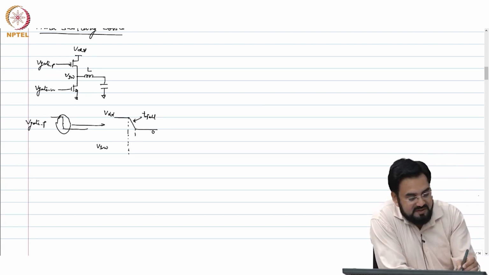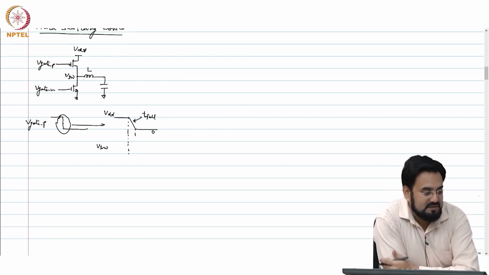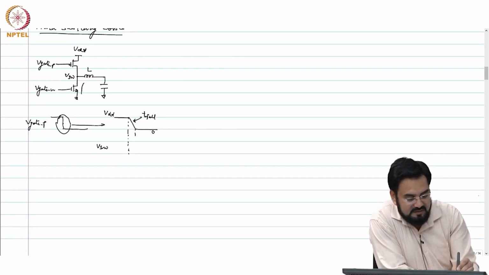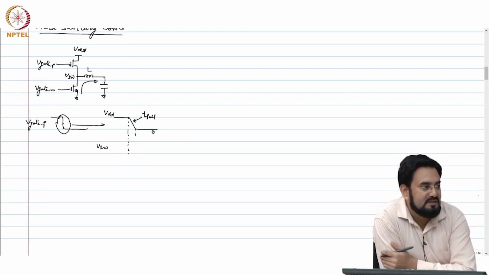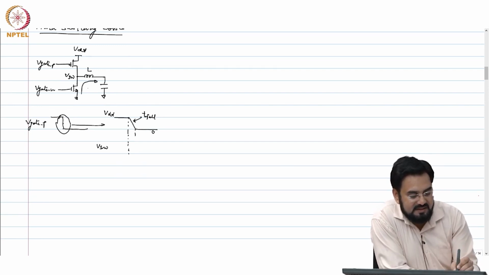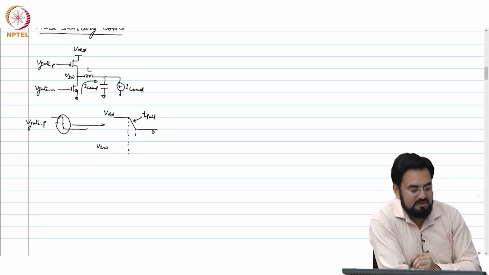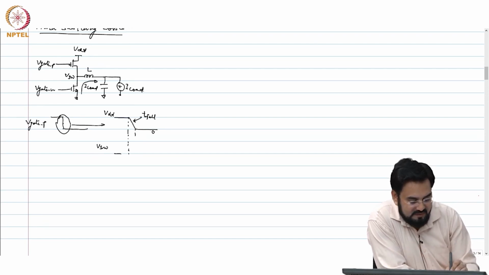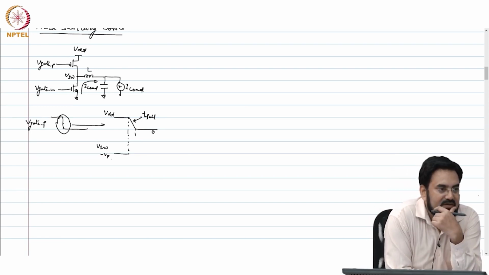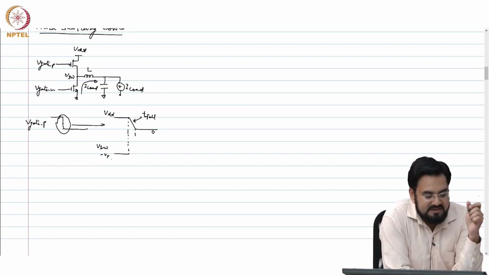What happens when you are turning on, where is the current going? The current is flowing into this, and this current is, just ignore ripple, your I load, and VSW at that time is minus VF, the forward voltage of the body diode.